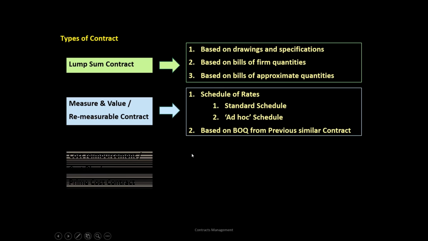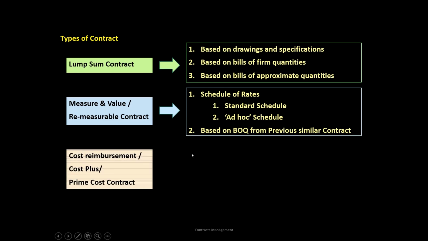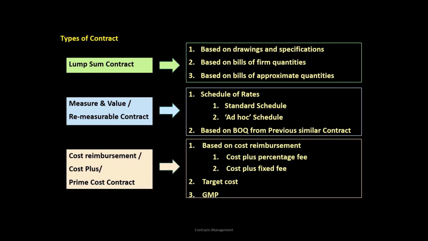There we have four variants, which can majorly be divided into three. One is based on cost reimbursement, which has two subcategories, cost plus, target cost and the GMP. These are the three types of contract we have to understand properly.